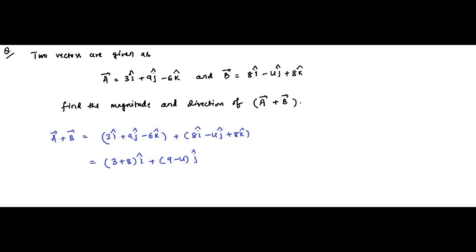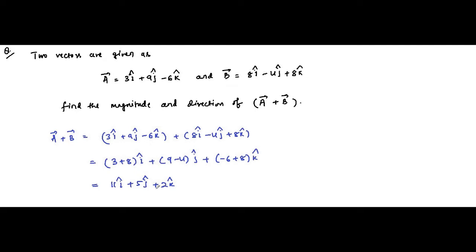We are adding the respective components with each other, that is x component with x, y with y, z with z, and then minus 6 plus 8 k cap, that is equal to 11i cap plus 5j cap plus 2k cap.